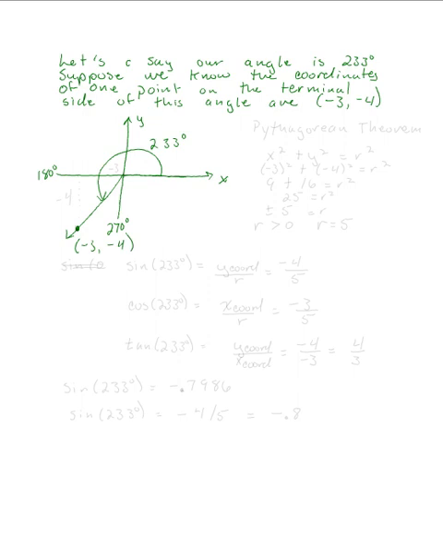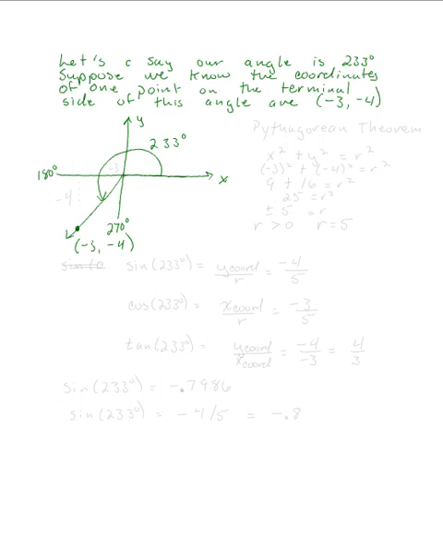Let's look at some of the trig functions. I don't think I'm going to look at all 6. I'm just going to look at the main 3: sine, cosine, and tangent. What we said before was there's always 4 things we wanted to get out of a picture. We need to know what the angle is, and I do. We need to know what the x-coordinate is, and I know what that is. The y-coordinate, we're good there, and r.